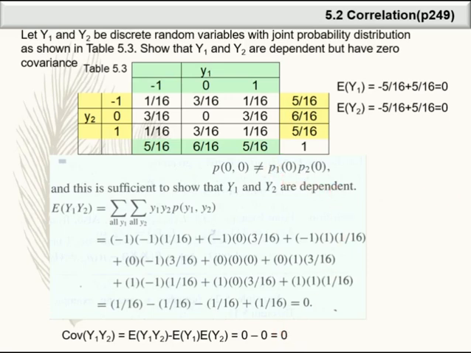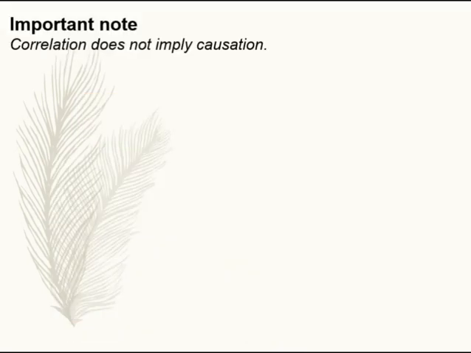Now, just my final words. This is something interesting that you just need to understand as well. When you say that you have a relationship between two variables, it doesn't mean that one causes the other to happen. That's what I mean when I say correlation does not imply causation.